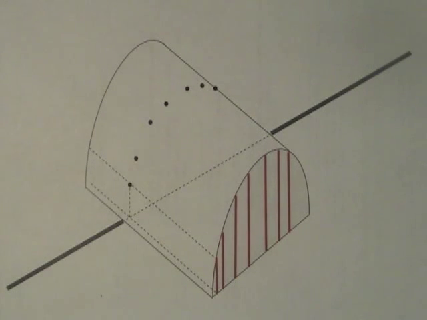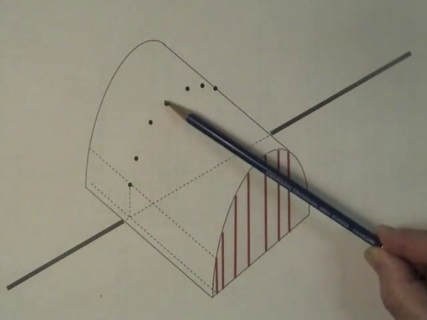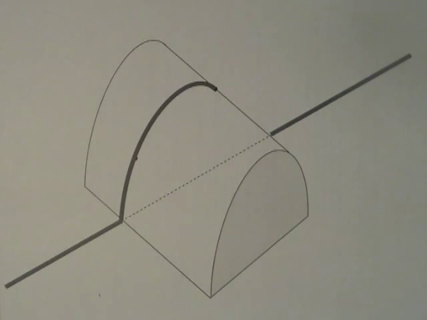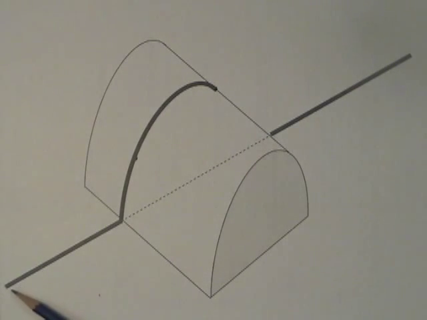And now that I have all my dots, I can start where the shadow hits the side and then move along the surface as it loops around and back. And here we have the shadow on the curved surface, which represents the shadow that would go clear through it if this surface wasn't here.